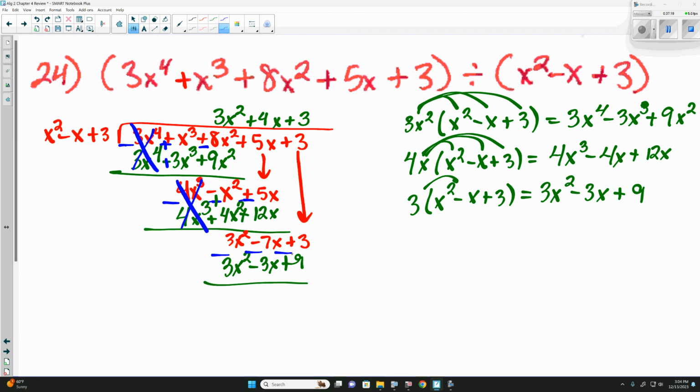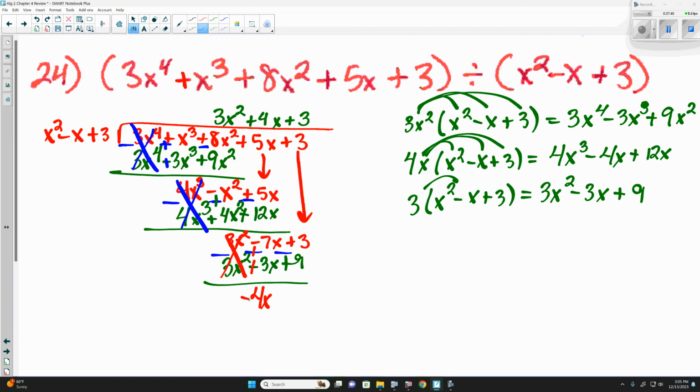And again, we're going to subtract. 3x squared minus 3x squared is 0. Negative 7x minus negative 3x. The negative and negative make a plus. Negative 7x plus 3x is negative 4x.